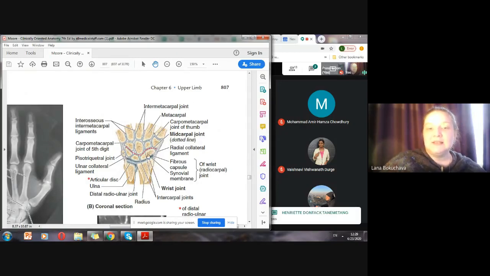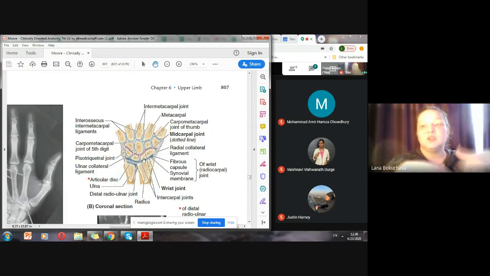And this is the part of the proximal row of the carpals. So in the case of the proximal row of the carpals, because the radius in anatomical position is more laterally localized, you do have the scaphoid and the lunate, which are two main bones here on the lateral side I'm talking about. Then we do have the triquetrum, and residing on the triquetrum we have a pisiform, but these two are not making the direct communication or articulation with the radius.